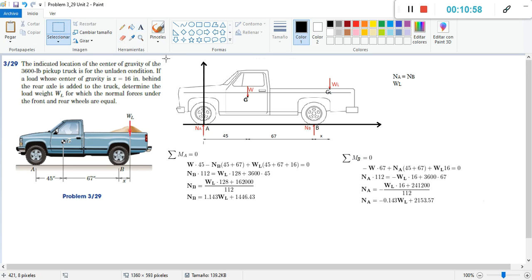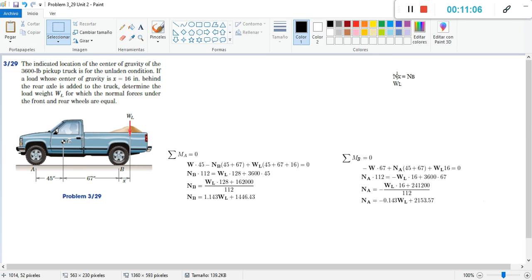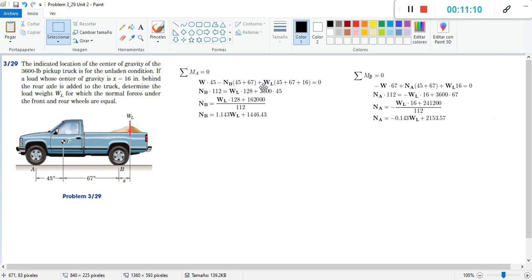Okay, we're going to move this from here to here, and we have the next.